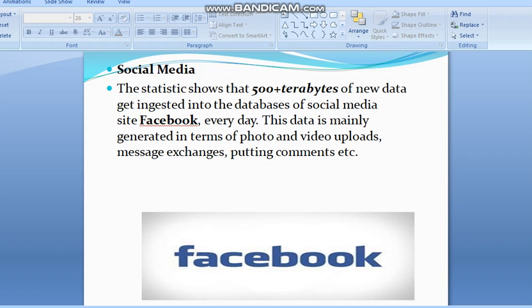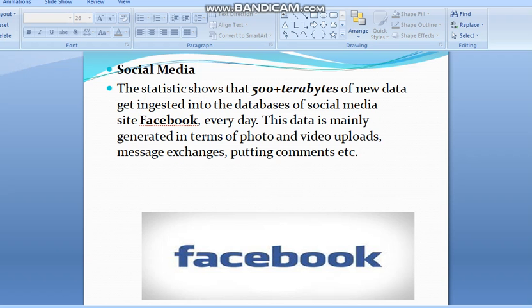I think 85% of users are increasing every 5 years on the internet. Internet users are increasing, so a lot of data is generated in social media.